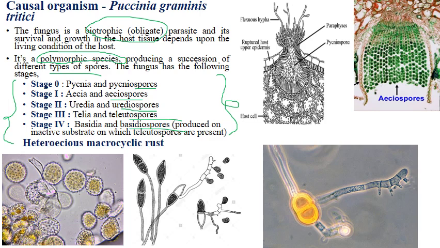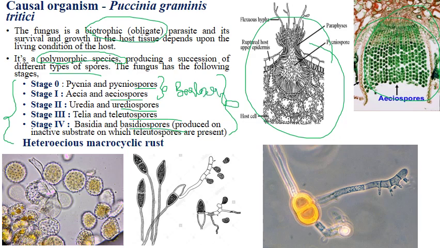Stage 0 is pycnia or pycniospores, produced on the upper surface, and stage 1 is aecia or aeciospores. Remember, stage 0 and stage 1 occur on barberry, which is the alternate or secondary host required by the wheat stem rust pathogen.